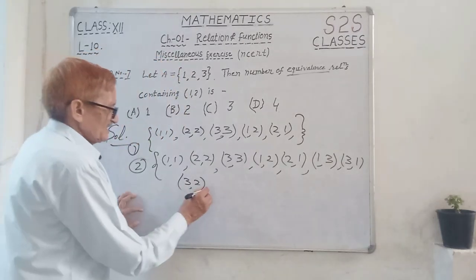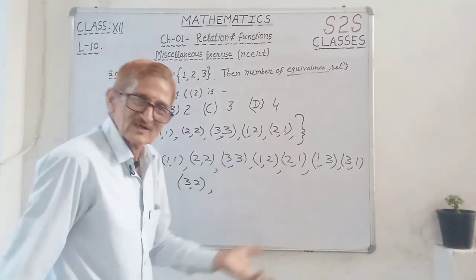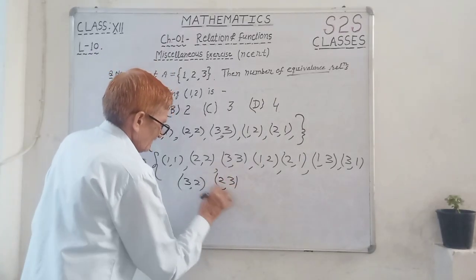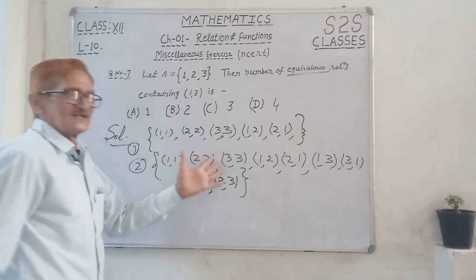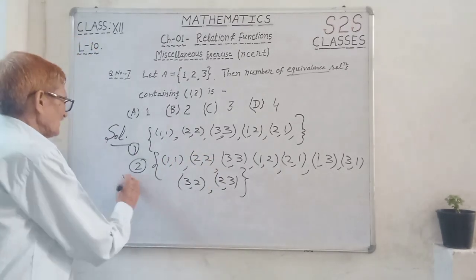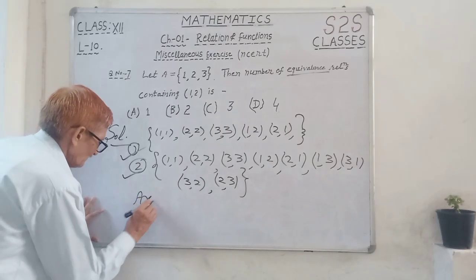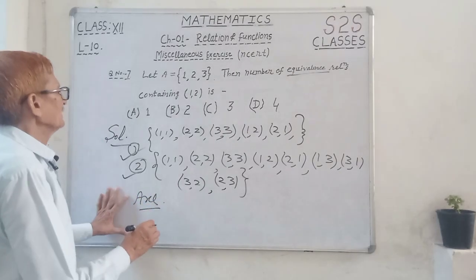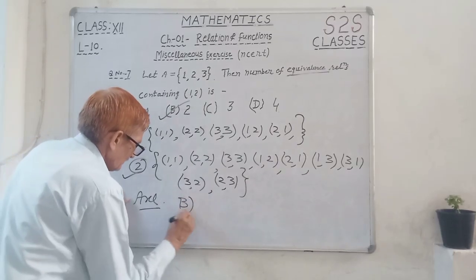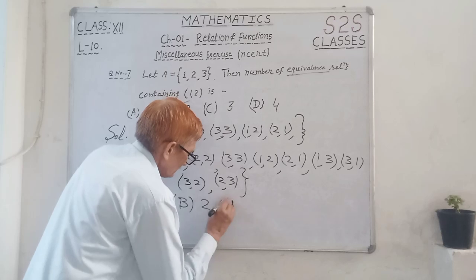If (3,2) is here, then for symmetric, (2,3) must be there. Now it is completed, all 9 elements. So these are only 2 possible. The correct option is B, option 2 is correct.